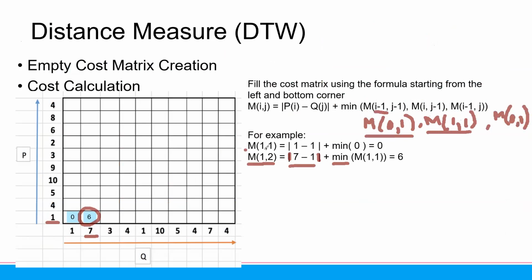What is M1,1? It is 0. So the minimum is 0. So we have 6 plus 0, then it is 6.